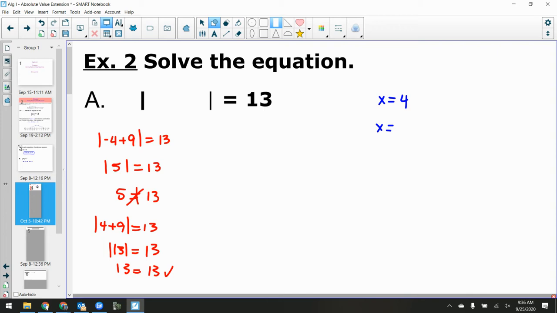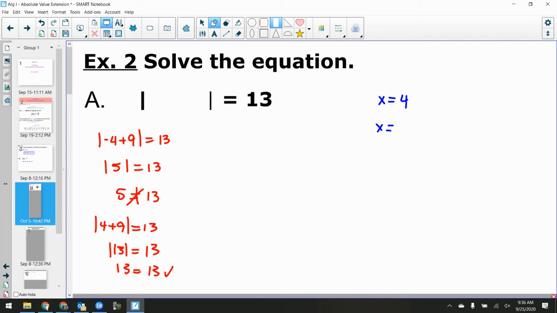What 2 numbers? Whatever's underneath here could be equal to 13 or could be equal to -13, right? Whatever I put here could be equal to 13 or could be equal to -13.